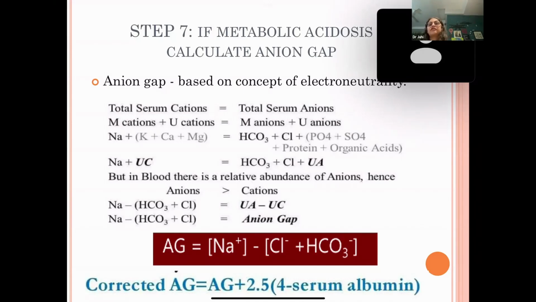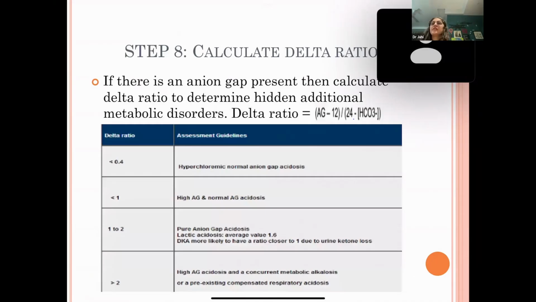So the anion gap you've calculated, supposedly 12, plus 2.5 into 4 minus serum albumin, whatever the patient's albumin is, suppose it's 2, so 4 minus 2 is 2, into 2.5, that means 5, plus your anion gap of 12, so 17 will be your corrected anion gap. Your anion gap came out to be 12, but the corrected anion gap due to the albumin correction comes out to be different. I'm just reading it, you don't need to worry about it, it's not for your level, but just to complete the whole discussion.